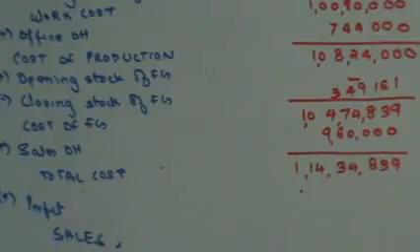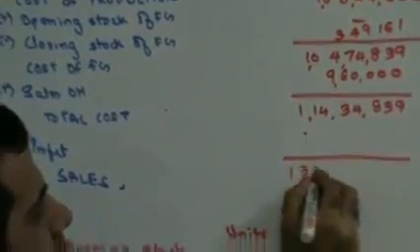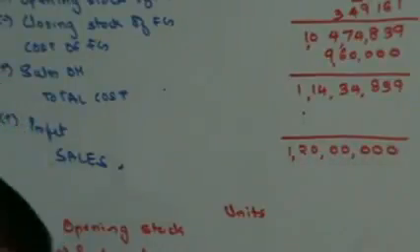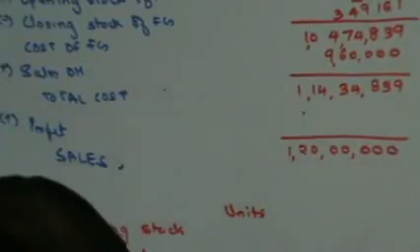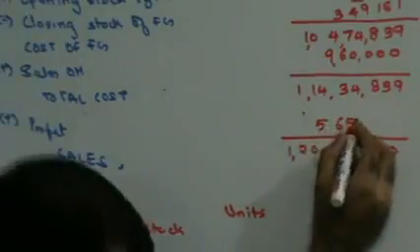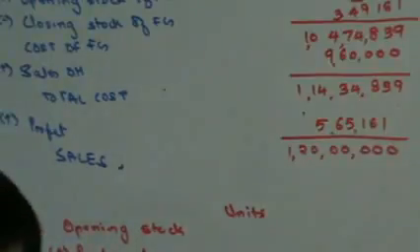Sales is given to you as 1 crore 20 lakhs. When you subtract the two, you will get profit. So your profit is going to be 5,65,161. Thus your cost sheet is ready.